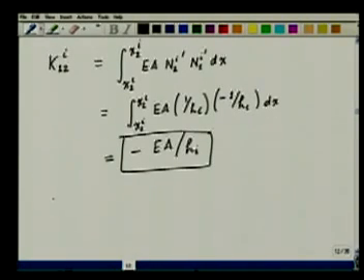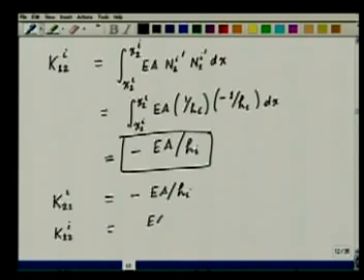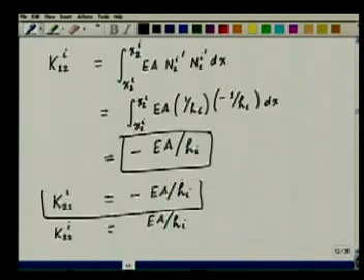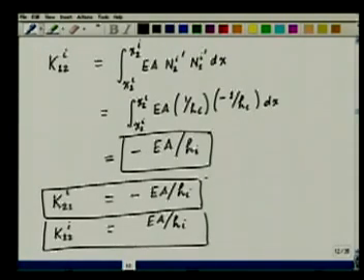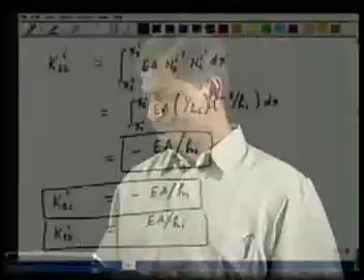So by the same token, if we do the same job for the next row, k21i will be equal to minus EA by hi, and k22i will be equal to EA by hi. So these are the 4 entries of the element stiffness matrix we get.